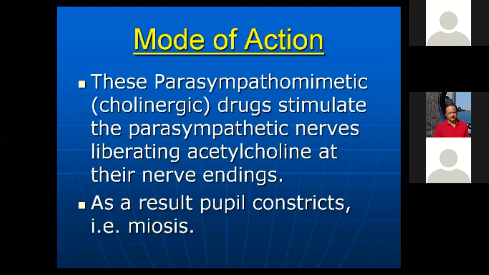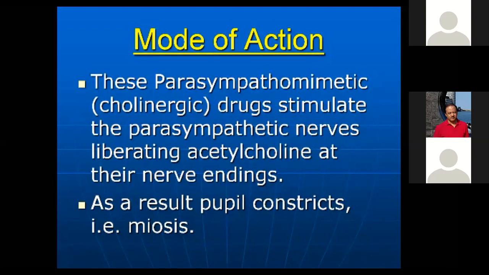And when these nerves are stimulated, they liberate acetylcholine at the nerve endings. When acetylcholine is liberated, it causes constriction of the pupil, that is miosis. So parasympathomimetic drugs or cholinergic drugs all cause miosis or constriction of the pupil.